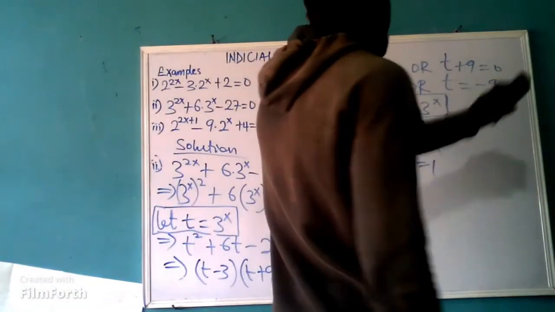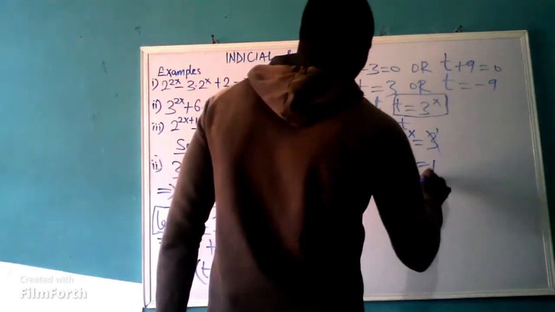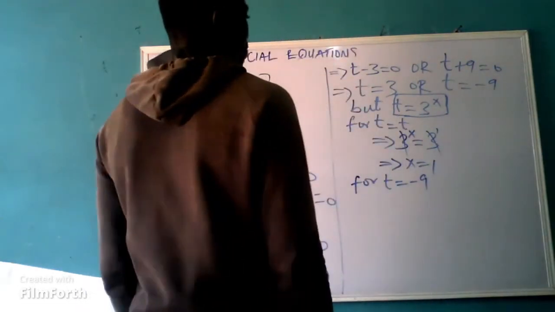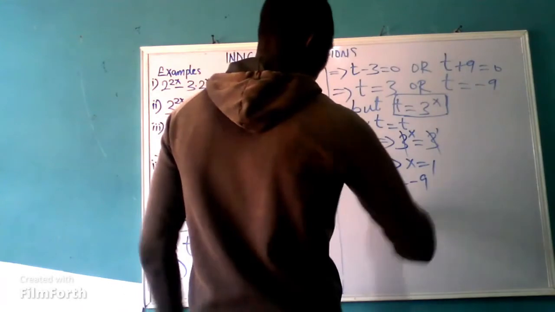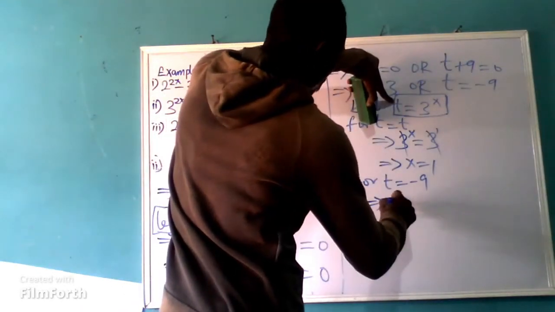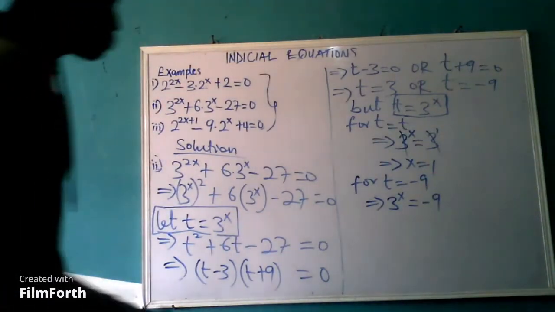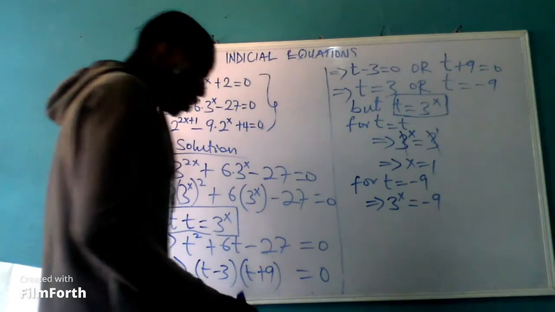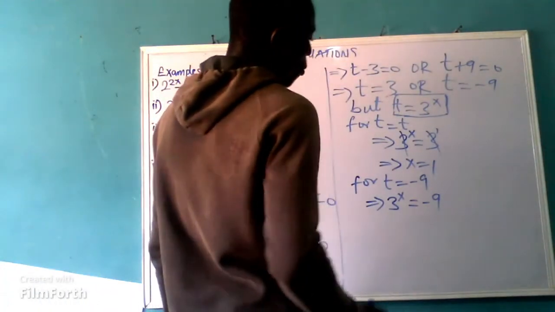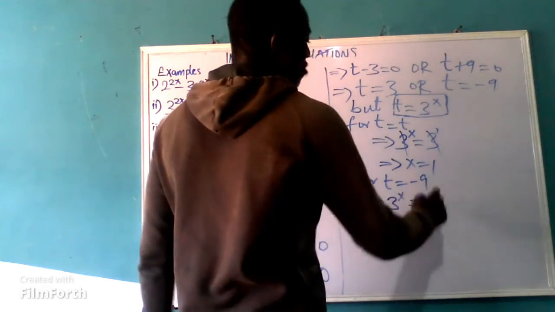Now for t equal to minus 9, this implies that 3 raised to power x is equal to minus 9. So what power of 3 can give us negative 9?